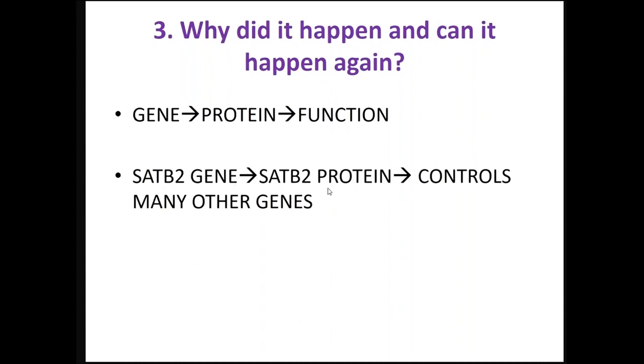It produces SATB2 protein, and we know the SATB2 protein has many functions, and it's what we call a transcription factor regulator, which means that it controls the function of many other genes in our bodies. So that's part of the tricky situation, because it has so many functions that it's hard to completely fix the problem when it has so many functions and so many other genes that it controls.